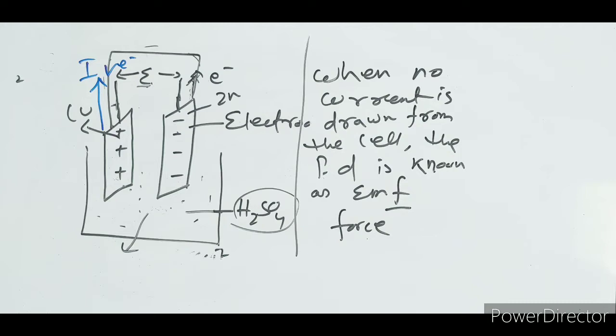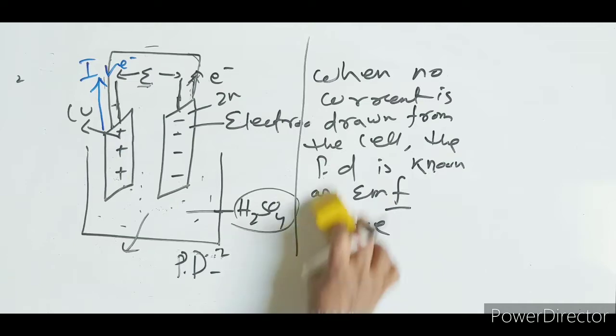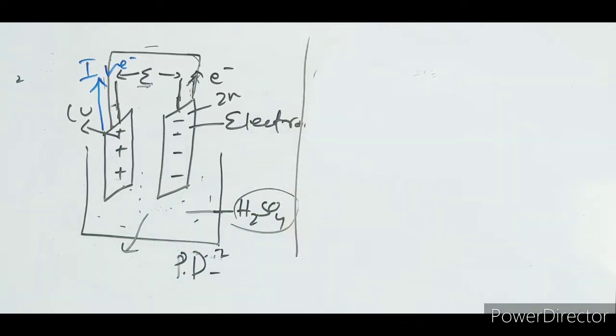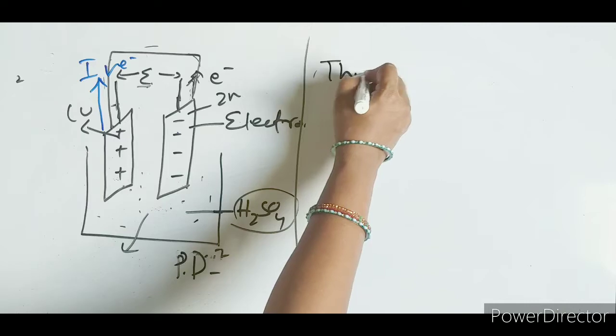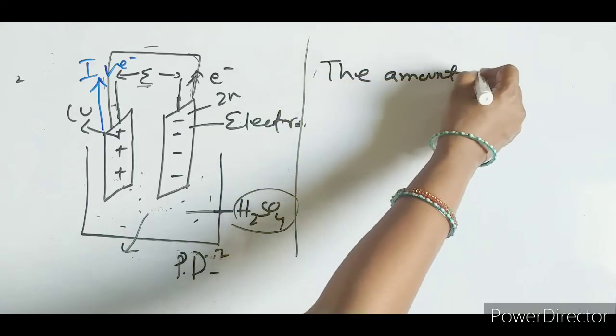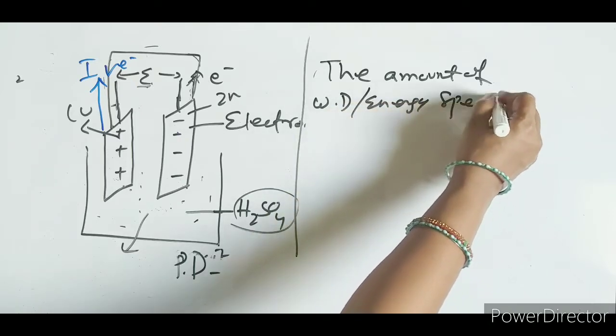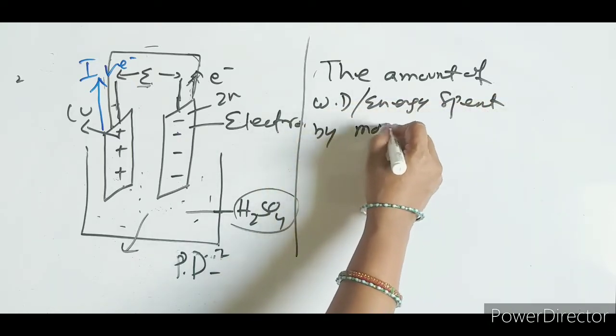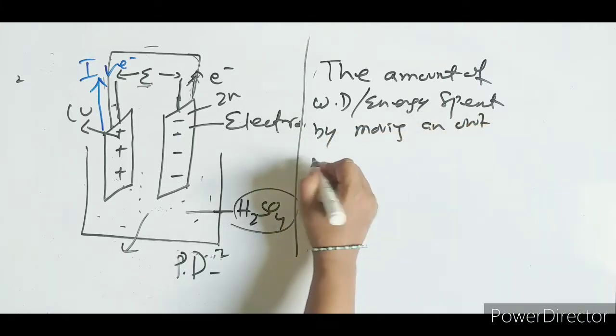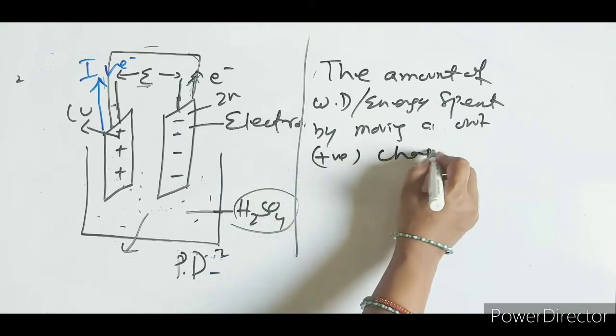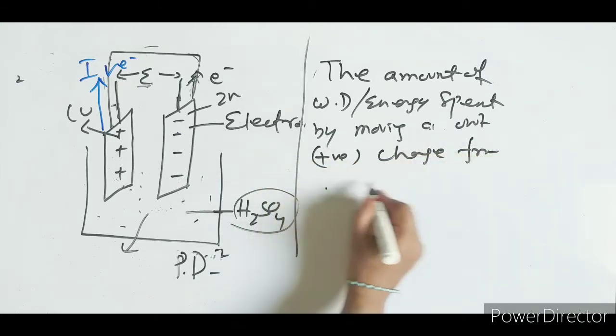So definition wise, EMF of a cell is the energy spent, because remember the definition of electric potential: the amount of work done or energy spent by moving a unit positive charge from one point to another point.